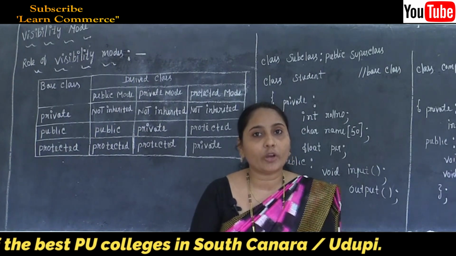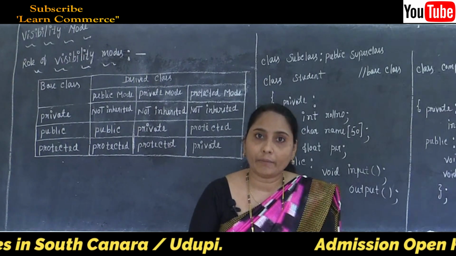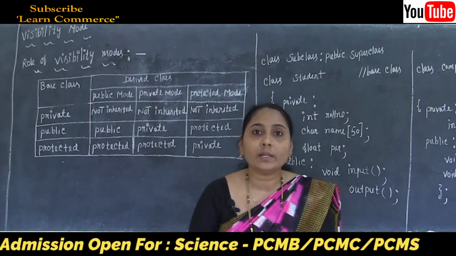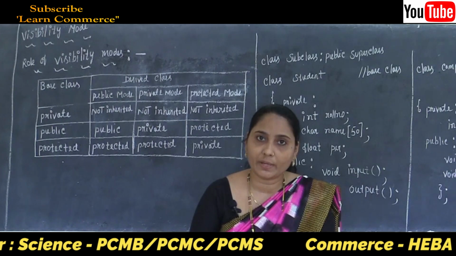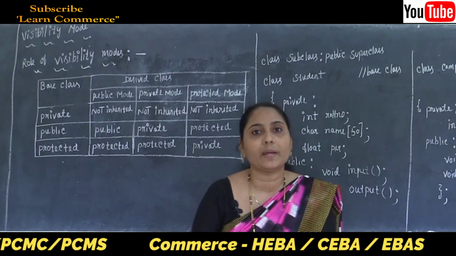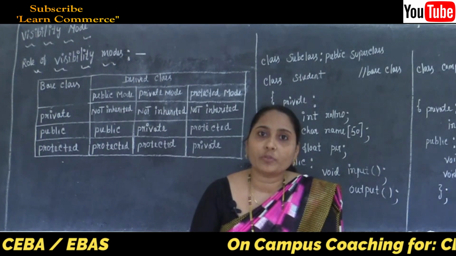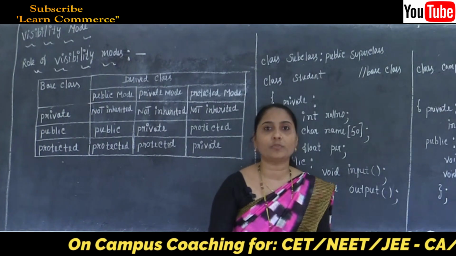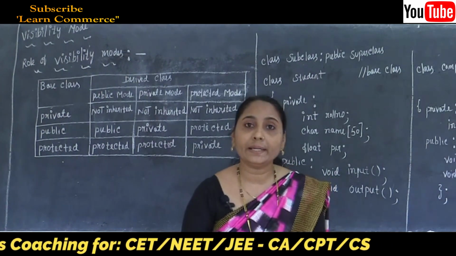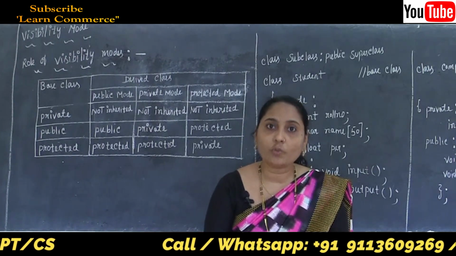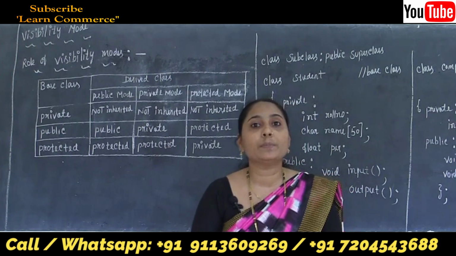Why? Because when you are going to declare one derived class, one new class, you must indicate what class it derives from. That means we are creating a new class by using which base class, by using the name of the base class, by writing the colon after the class name. And also we should know the visibility mode.